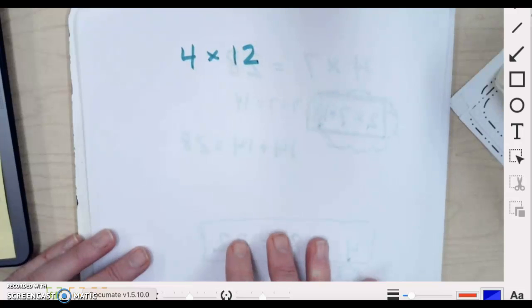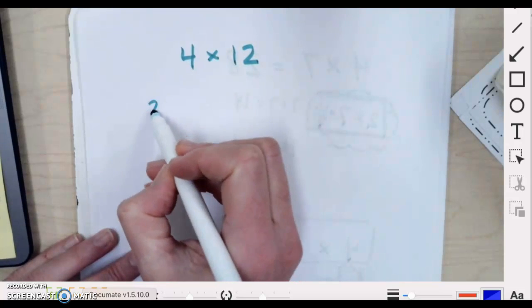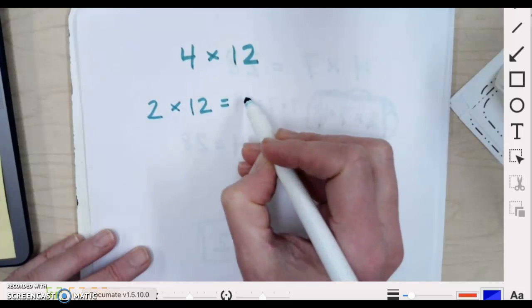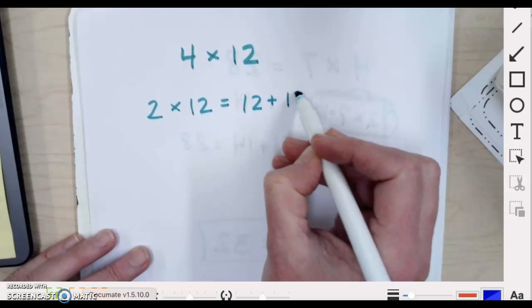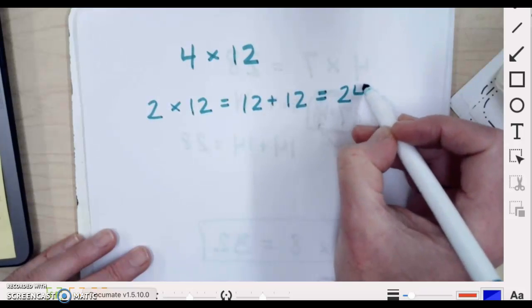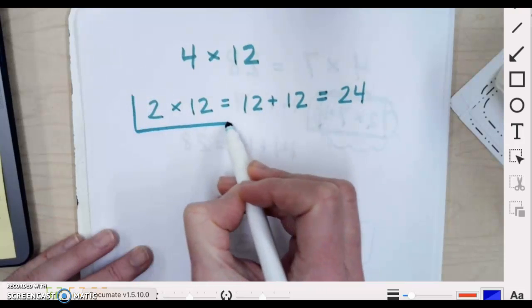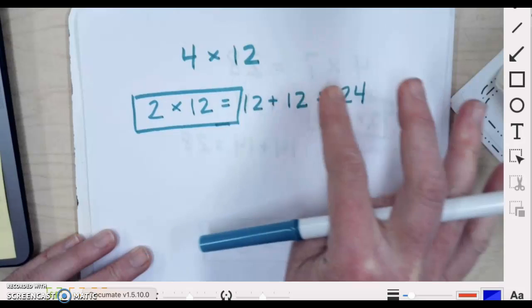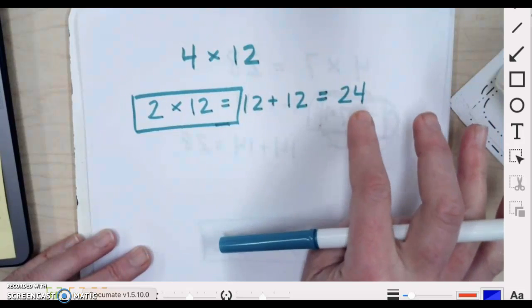Let's do 4 times 12. Well, 2 times 12 I know, because 2 times 12 is 12 plus 12, which is like the hours on a clock, which equals 24. So if 2 times 12 is 24, 4 times 12 is 24 plus 24.